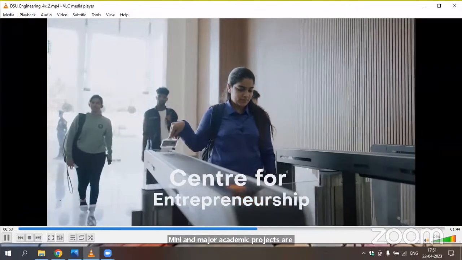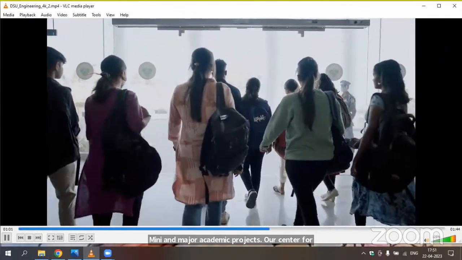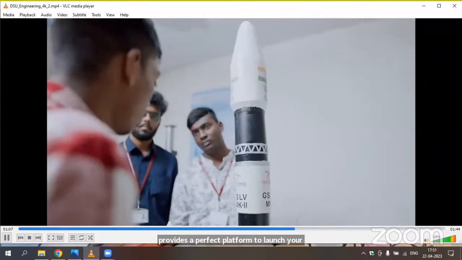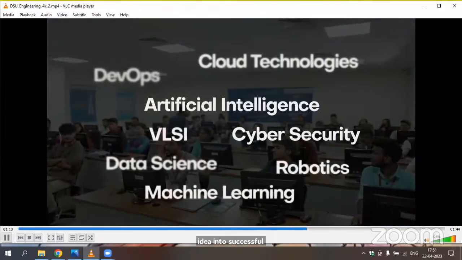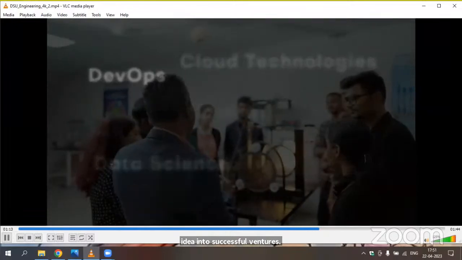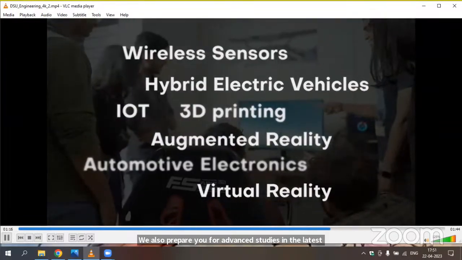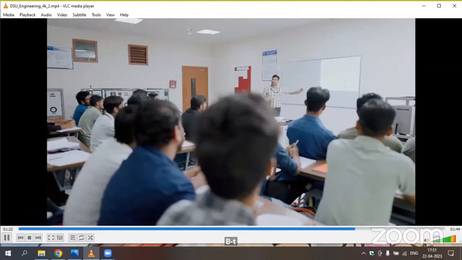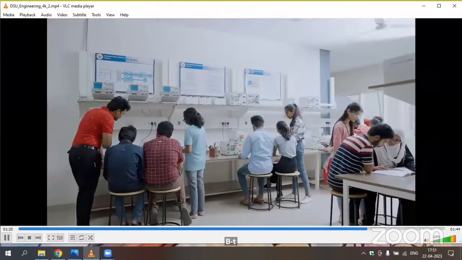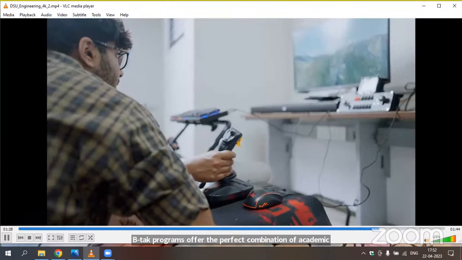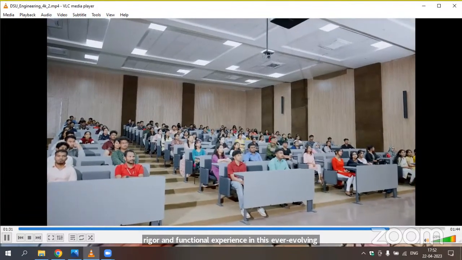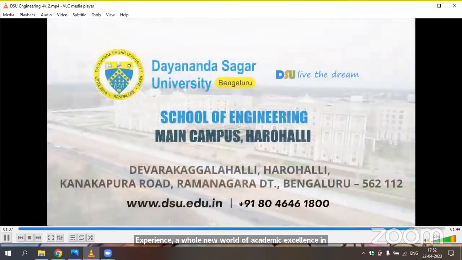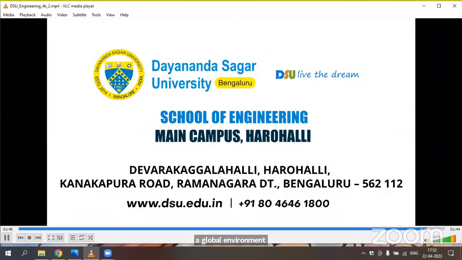Our Center for Entrepreneurship supports startup opportunities and provides a perfect platform to launch your next big idea into successful ventures. We also prepare you for advanced studies in the latest futuristic technologies. Our BTech programs offer the perfect combination of academic rigor and functional experience in this ever-evolving technological landscape of the future. Experience a whole new world of academic excellence in a global environment. Dayananda Sagar University. Live the dream.